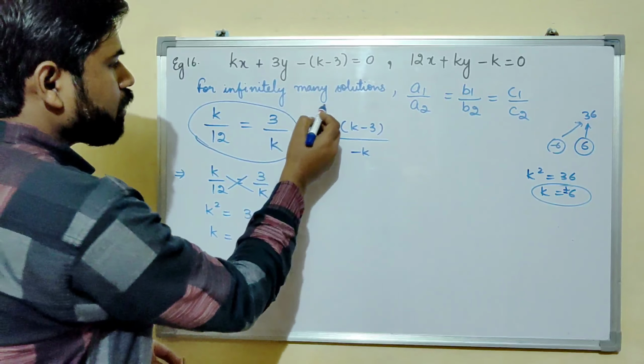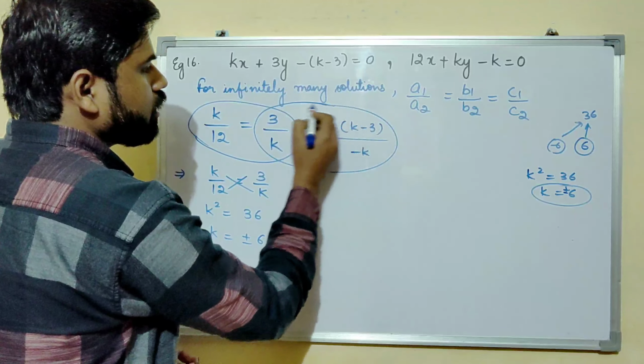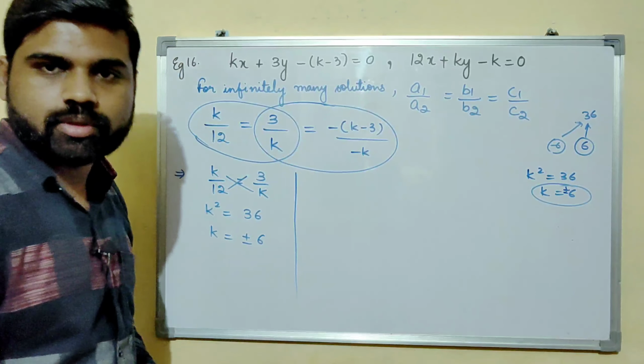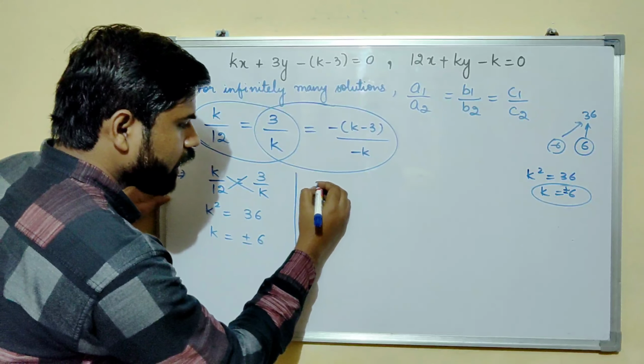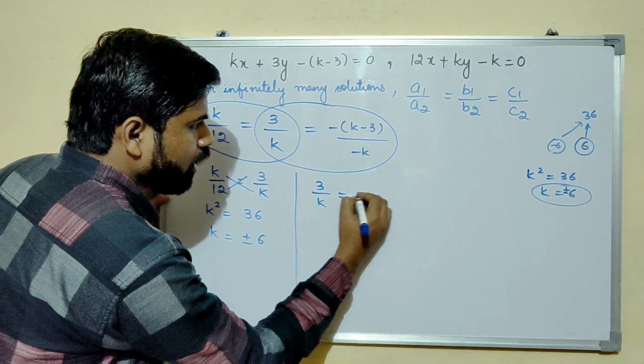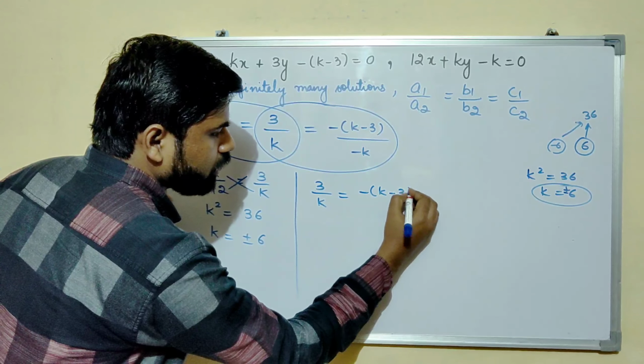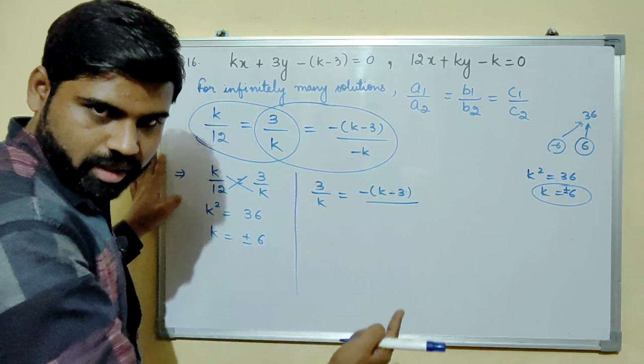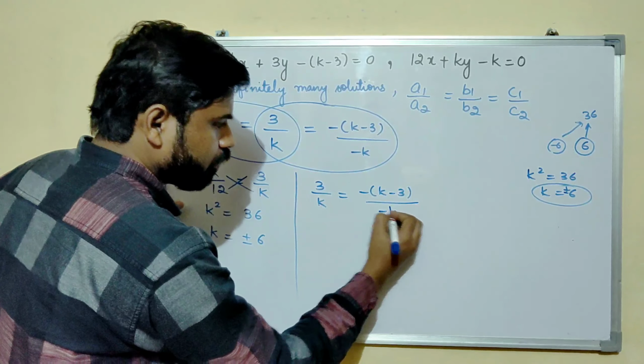Now let us solve these two equalities. So 3 upon k equals minus of minus k minus 3 upon minus k.